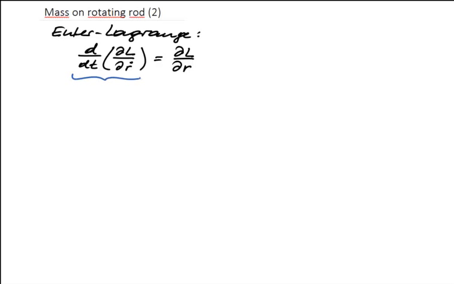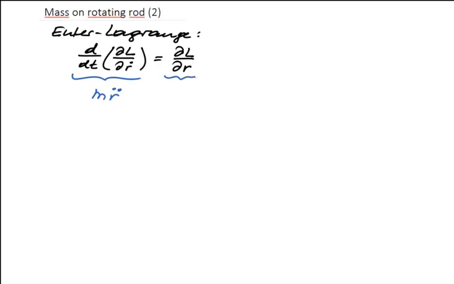Now remember the form of the Lagrange function. R dot featured there as m over 2 r dot squared. When we take the derivative with respect to r dot, then we get mass times r dot. And the time derivative of that is mass times r double dot.